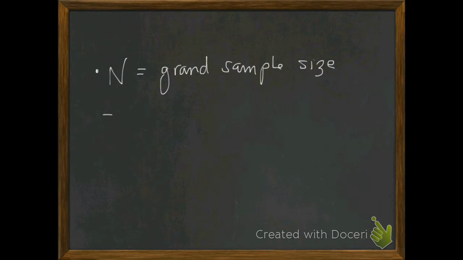More notation. N will be equal to what I call the grand sample size. So N is just N1 plus N2 plus N sub K. And X bar, capital X bar, is just the grand mean.